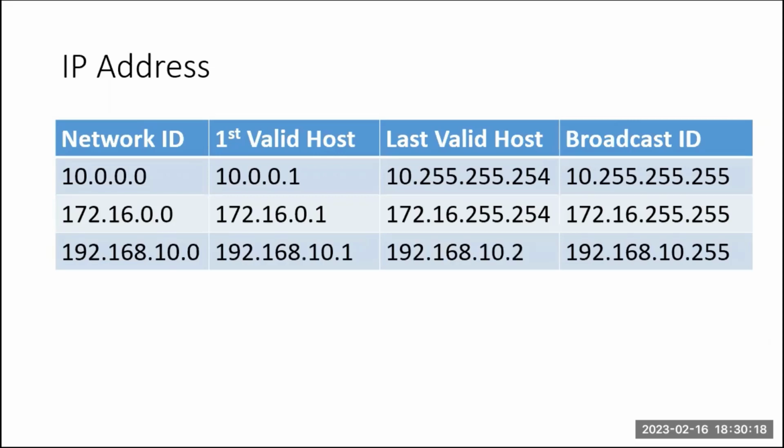192.168.10.254. All right, that's it. I hope that resolved the confusion. Anybody still not clear? Anybody confused? It's a little tricky when you're working with two octets.